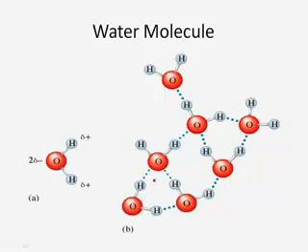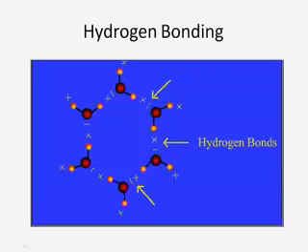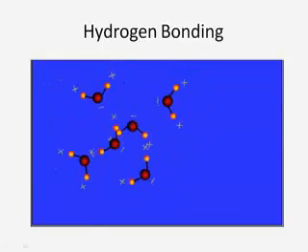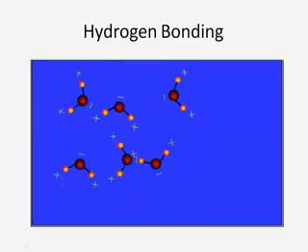As it's cooling, these water molecules are going to align themselves based on the hydrogen bonds, and that orientation gives the very open crystalline structure that makes solid water less dense than liquid water. Here again we see them lining up, similar to what you would see as the substance was cooling.